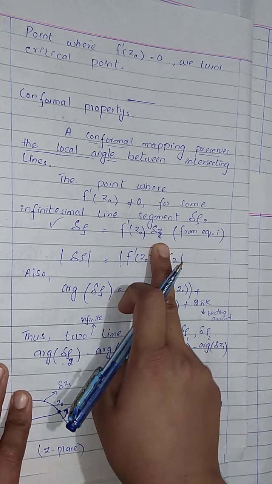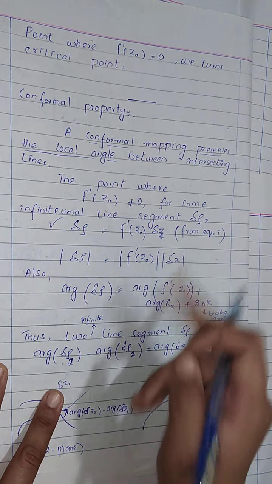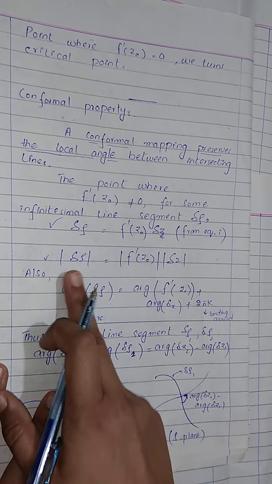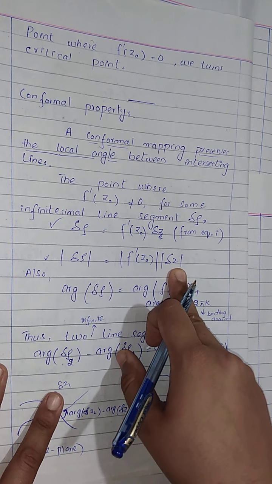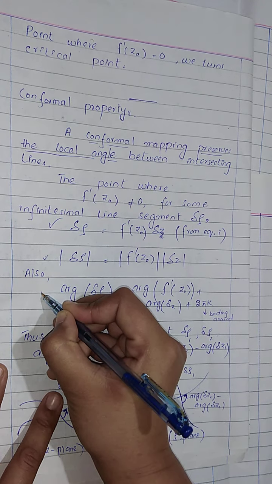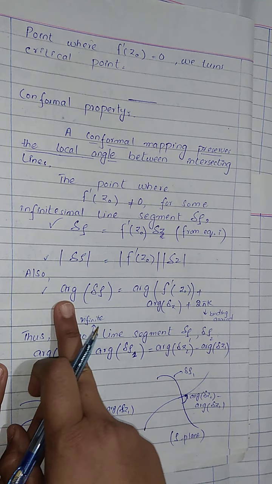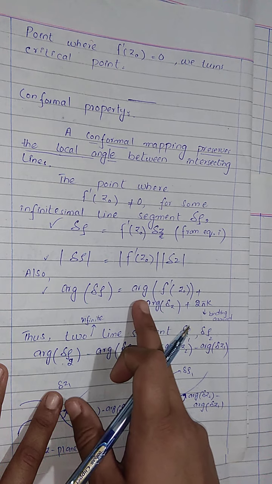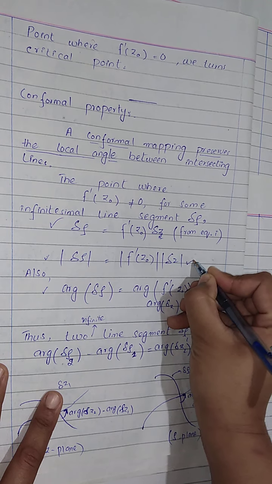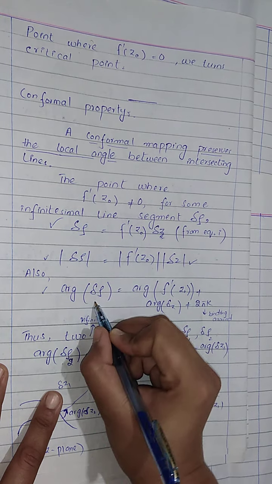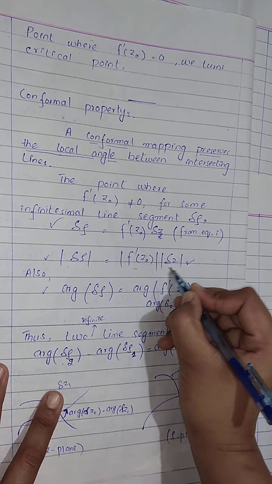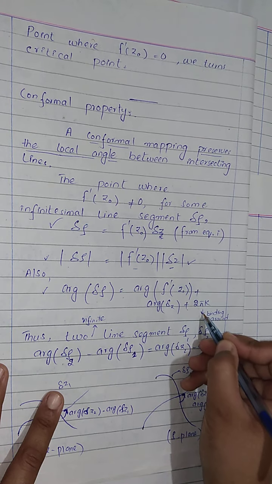And the second condition of conformable property is that the magnitude of the function will be the same. So we take its absolute. And the second condition is the angle between two planes will also be the same. So we take its argument: argument of del zeta is equal to argument of f derivative of z plus argument of del z plus 2 pi k.